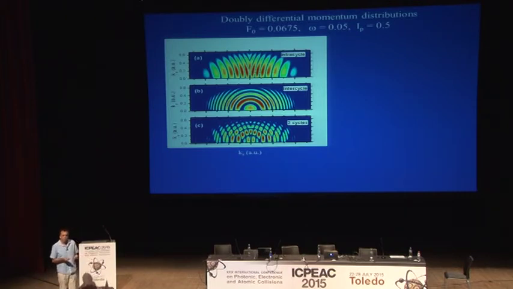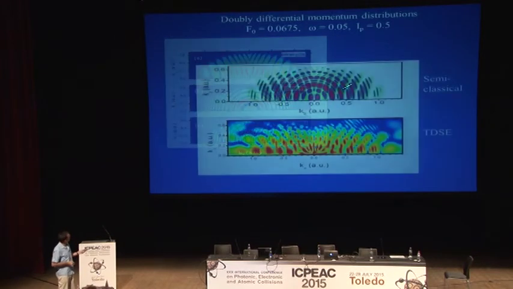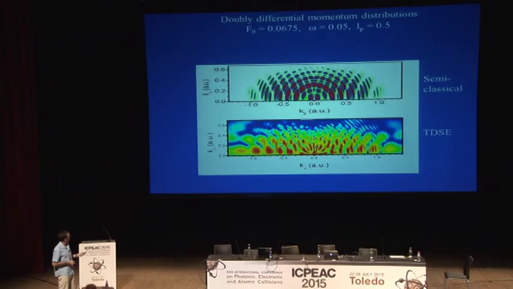What happens when we compare with TDSE calculations? So here I have the semi-classical result, and I compare with TDSE calculations. You can observe more or less the ATI rings, and also this intracycle interference pattern is very well observed.